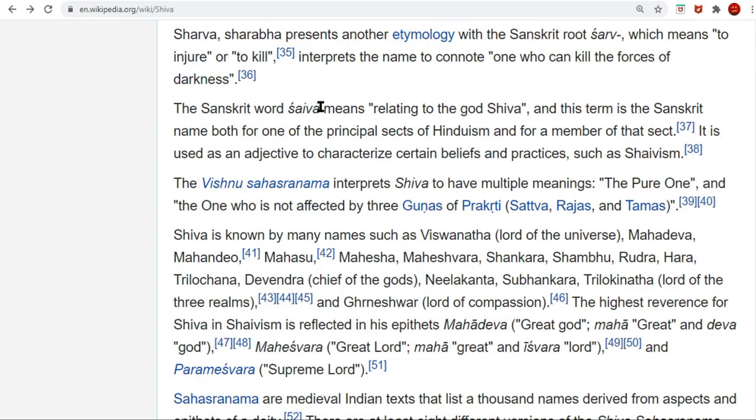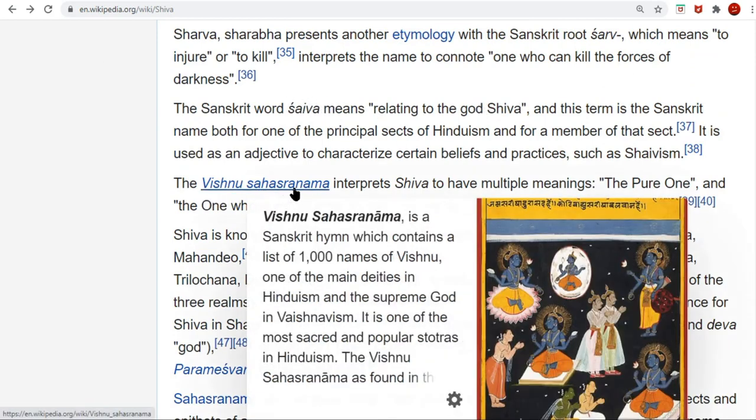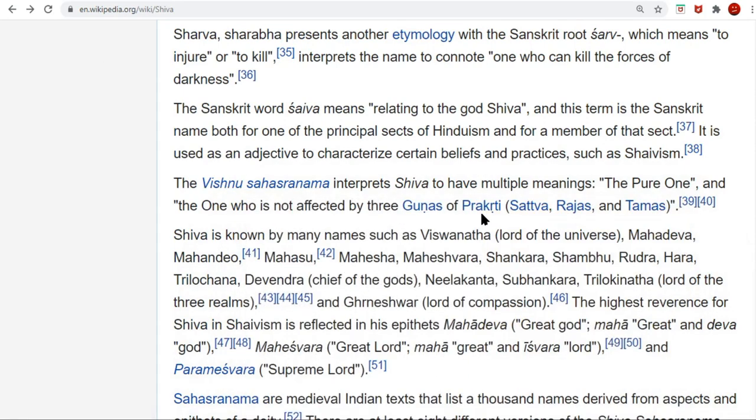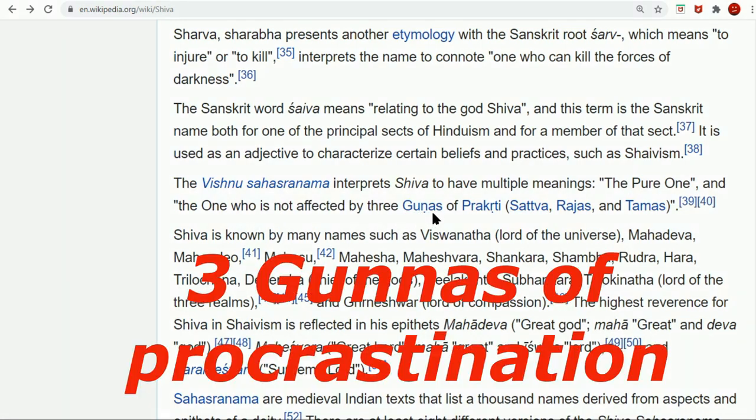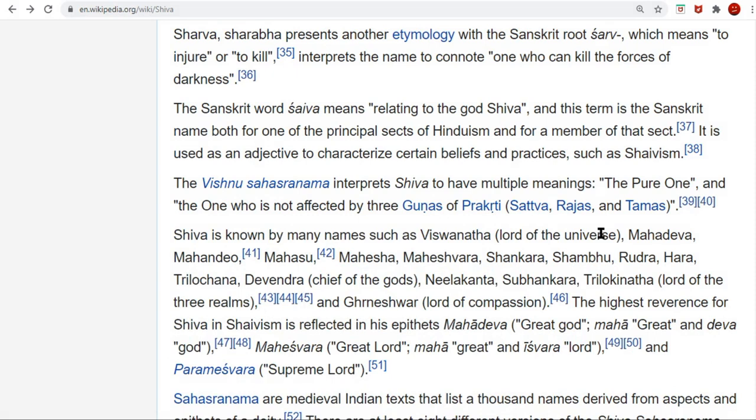He's the Shaiva. And Ranam interprets Shiva to have multiple meanings: the pure one, and the one who's not affected by the three gunas of Prakriti. His many names include the meanings of Lord of the Universe, Lord of three realms, Lord of compassion, Great God, Maha Great and Deva God, Mahadeva, and Supreme Lord.